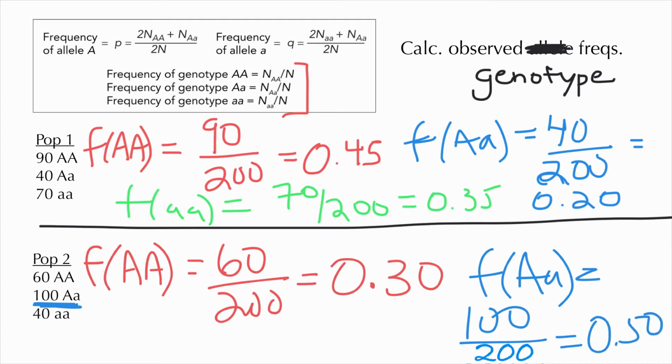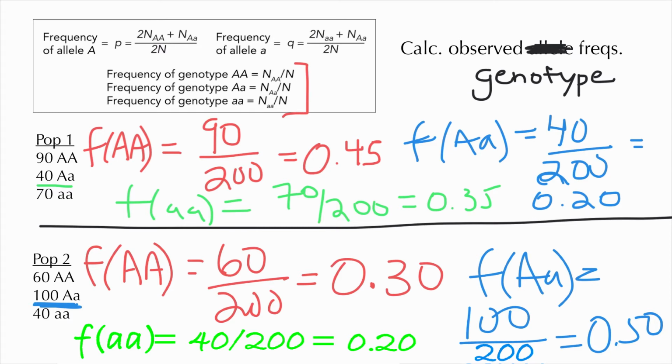And that's different, the heterozygotes, than population number 1. So the frequency of the homozygous recessive is going to be 40 out of 200, which gives us 0.20. So again, these add up to 100%, which is good. So now you can see that the genotype distributions or genotype frequencies are different between the two populations, which just looking at the population data, you could see that that is the case.